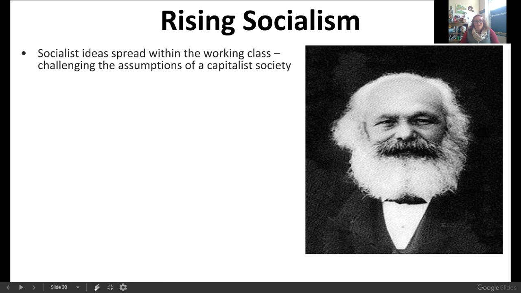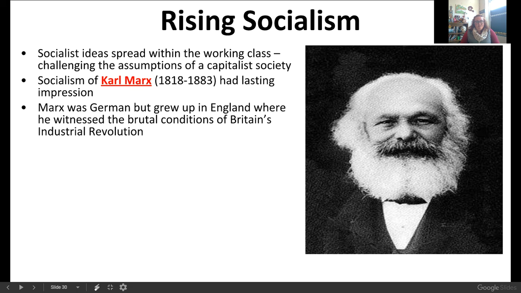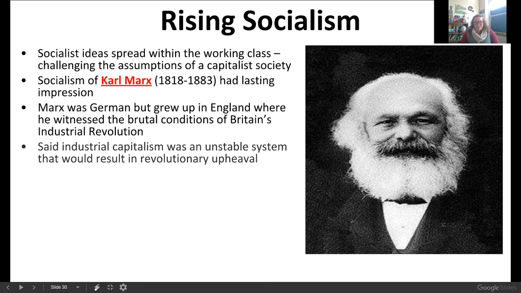So this is where you start to see the rise in socialism. Socialist ideas did spread within the working class, and it challenged the assumptions of the capitalist society. So the socialism that Karl Marx promoted had a lasting impression. Marx was German, but he lived in England, where he actually witnessed the brutal conditions of Britain's Industrial Revolution and of Britain's capitalism.